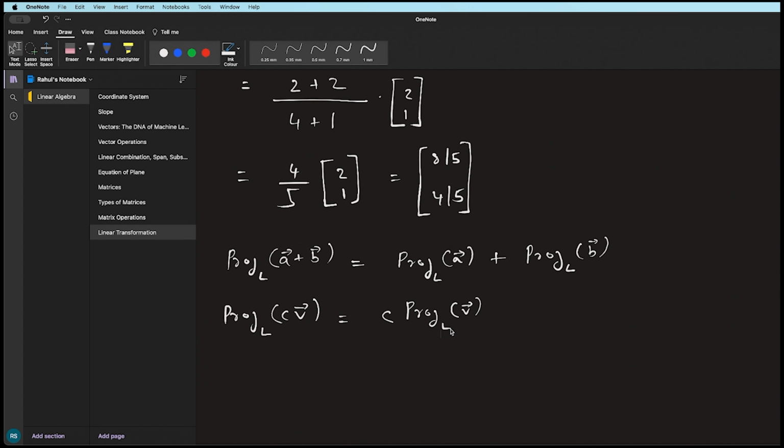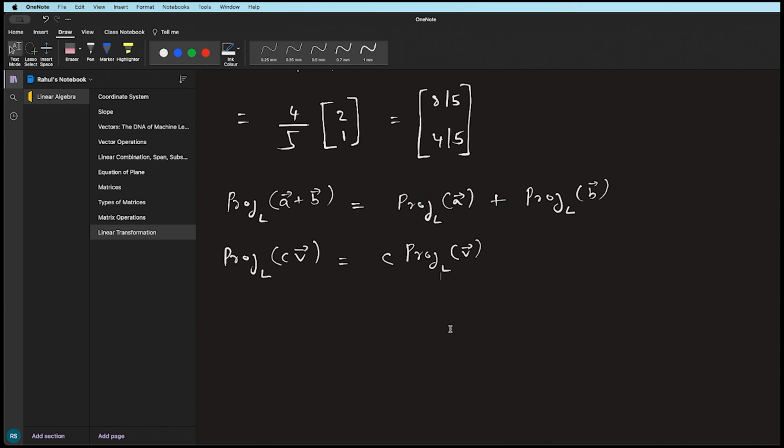Now we will begin with the projection as a matrix. We know the earlier formula: the projection of vector v on L is vector v dot vector x upon vector x dot vector x, multiplied by vector x.